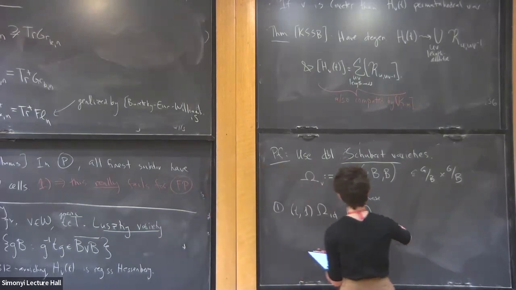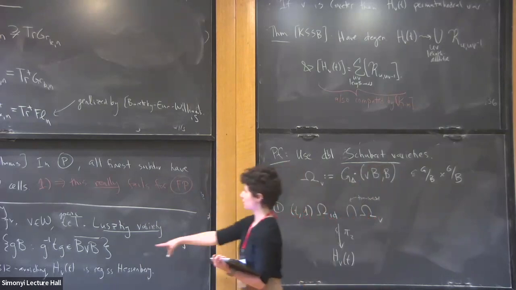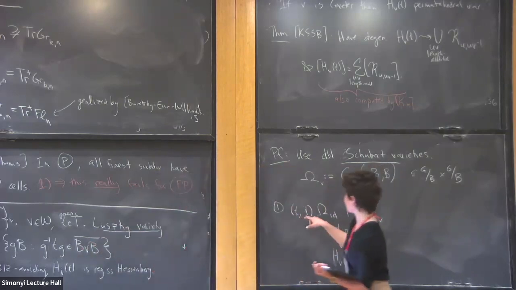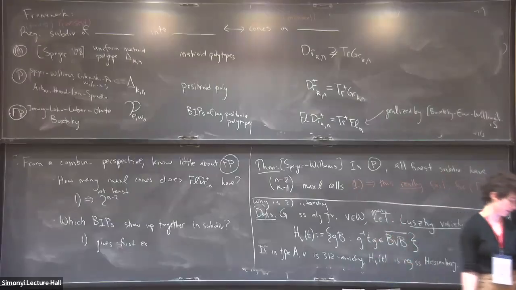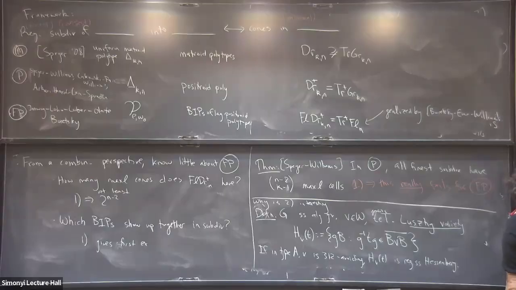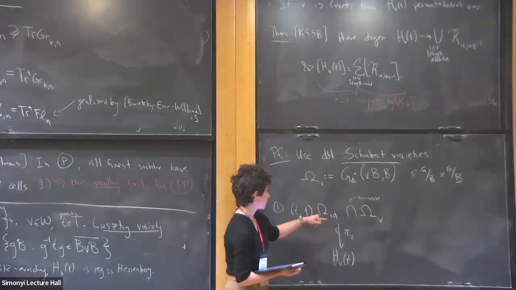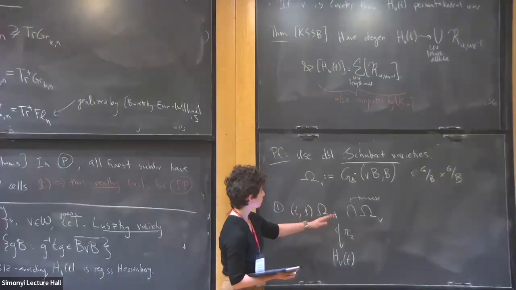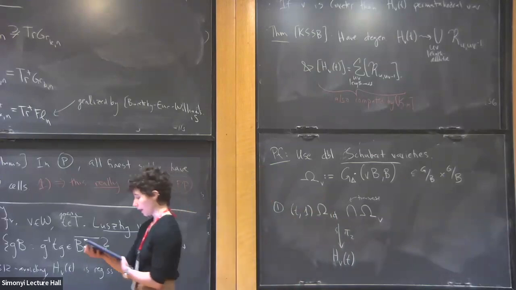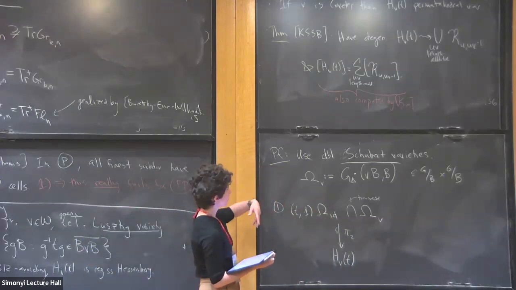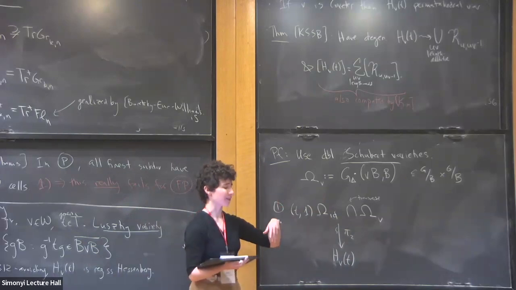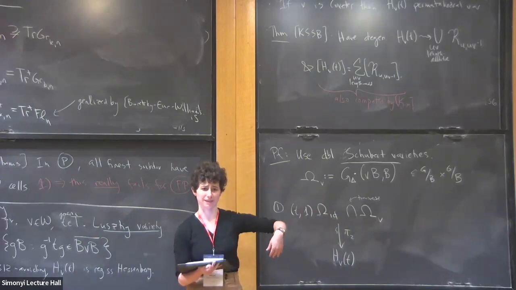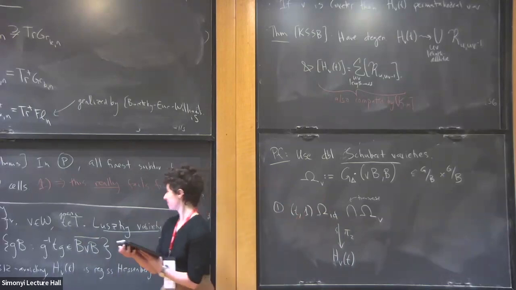Somehow this one controls this part, and this one controls that part. So we have this way of phrasing the Lusztig variety as an intersection of double Schuberts. And now each double Schubert has a relatively natural degeneration to a product of a usual Schubert times a usual opposite Schubert. Okay.